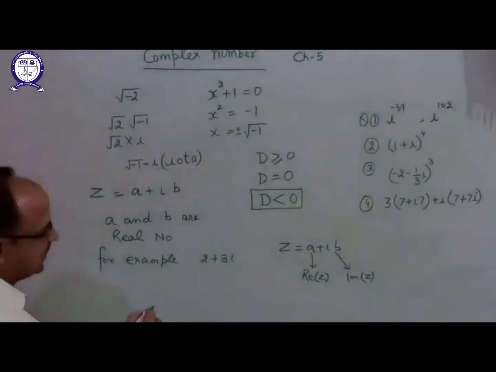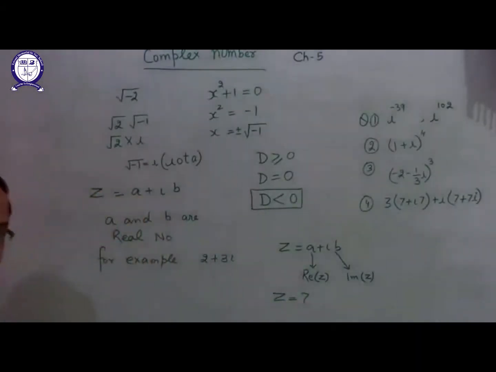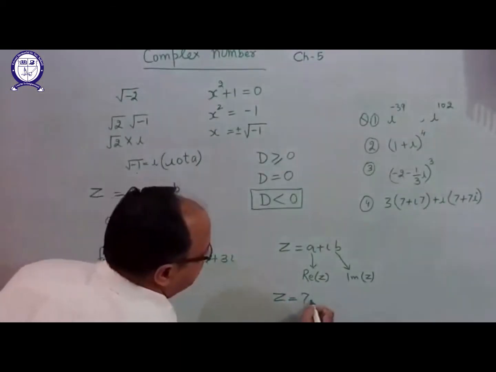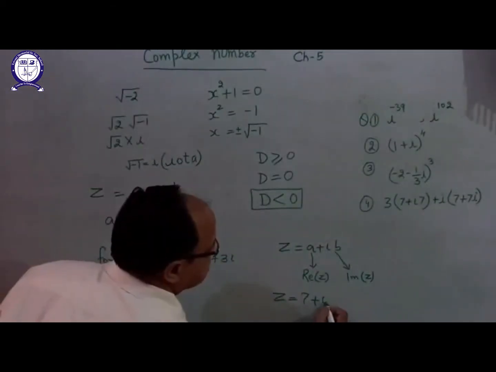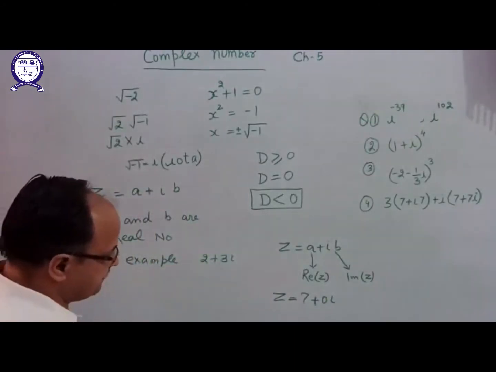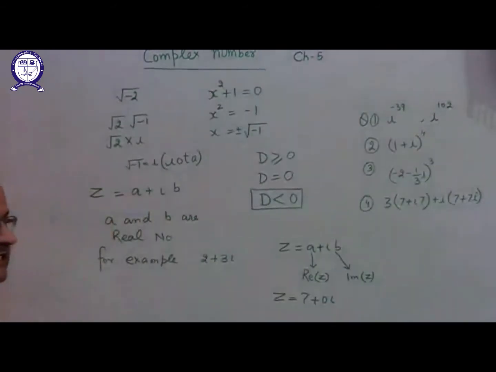Correct? For example, z is equal to 7. In the standard form you can write z is equal to 7 plus 0 iota. It means 7 is the real part and 0 is the imaginary part.